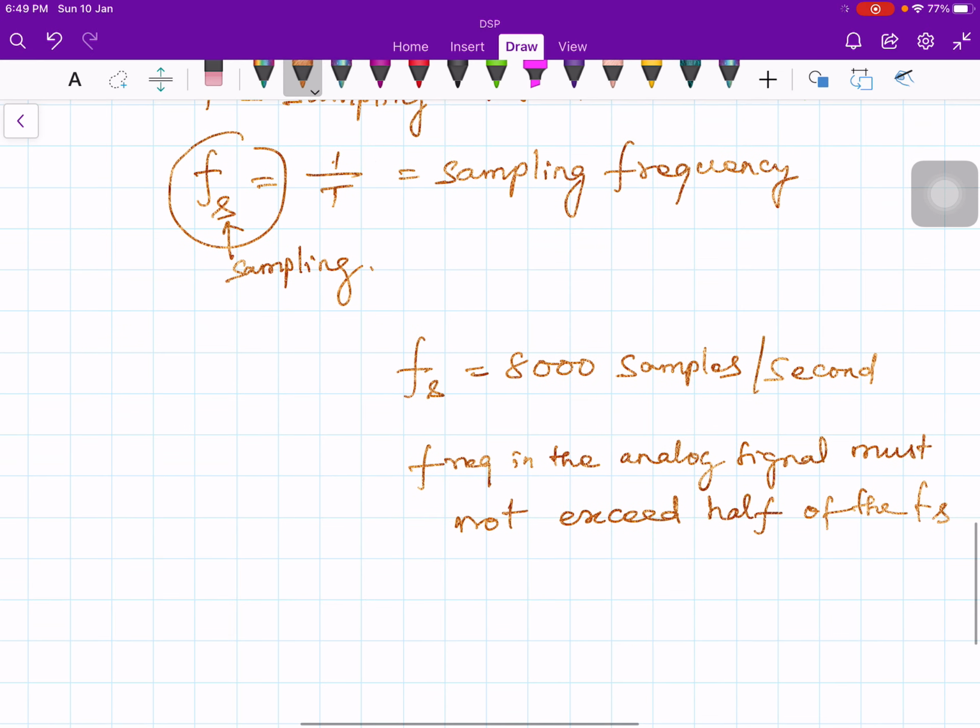That means it should not exceed 4000 Hz. So this is called the Nyquist criteria. We will discuss this a little later, no problem.